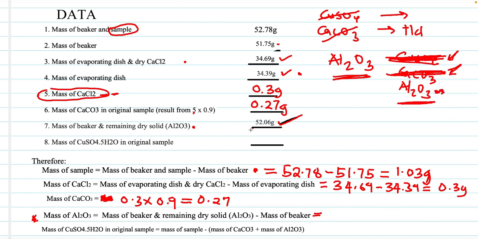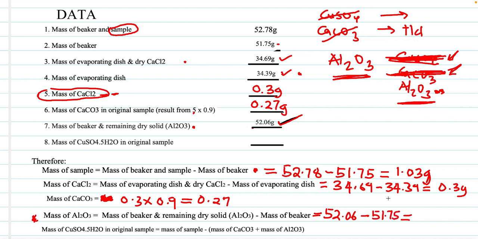So the value we have after weighing it again is 52.06. So we say the mass of aluminum oxide is the mass of the beaker plus remaining solid, which is this. So we say 52.06 minus the mass of the beaker when it was empty, 51.75.